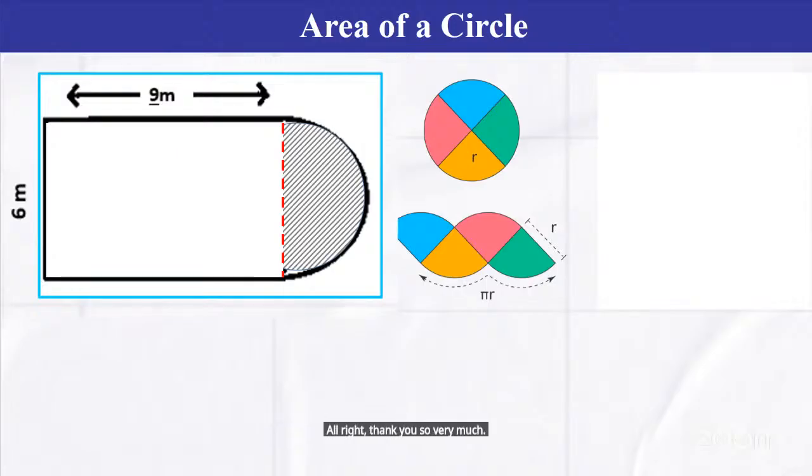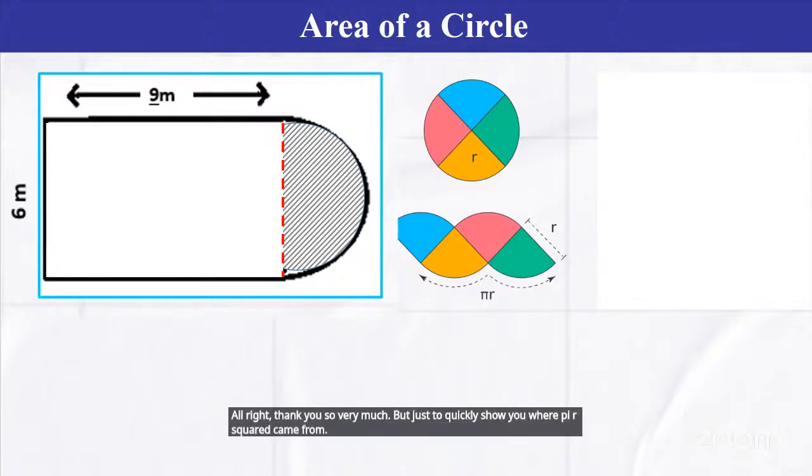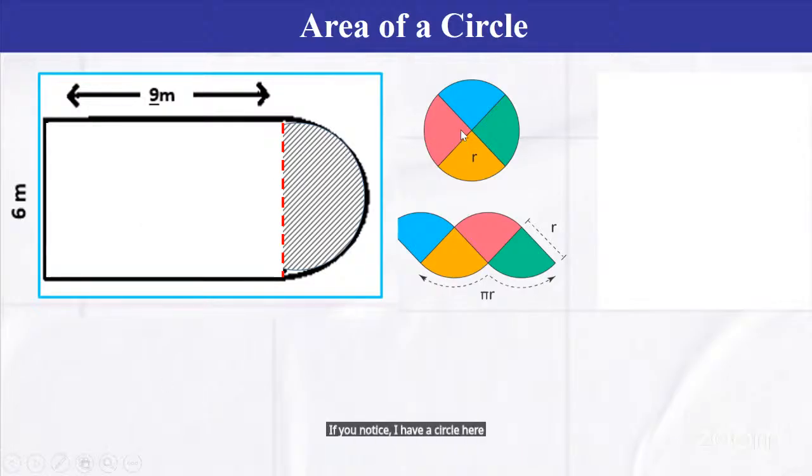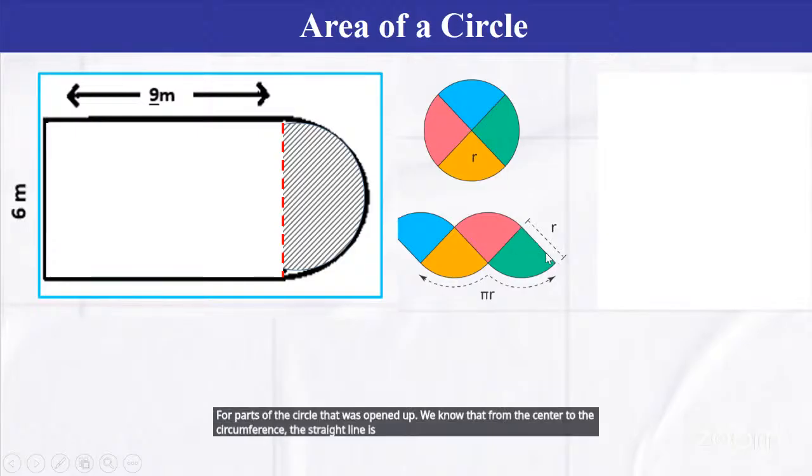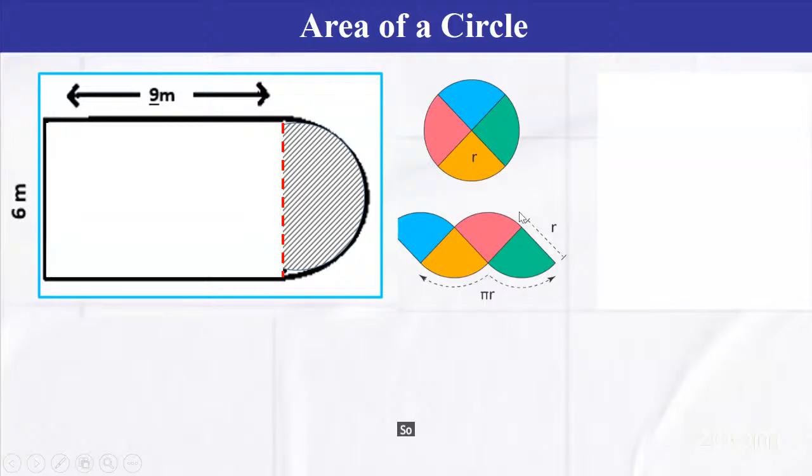But just to quickly show you where pi r squared came from, if you notice, I have a circle here divided into 4 equal parts. Then it is opened up. If you notice, I still have the 4 different colors, 4 parts of the circle that was opened up. We know that from the center to the circumference, the straight line is a radius. So notice where the radius is.